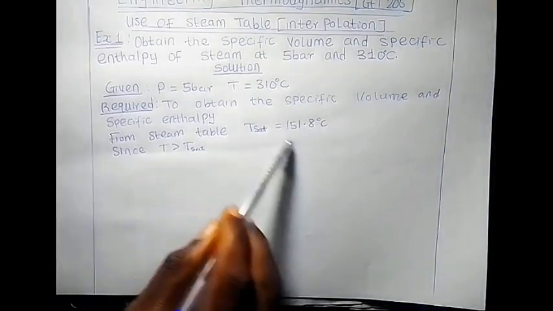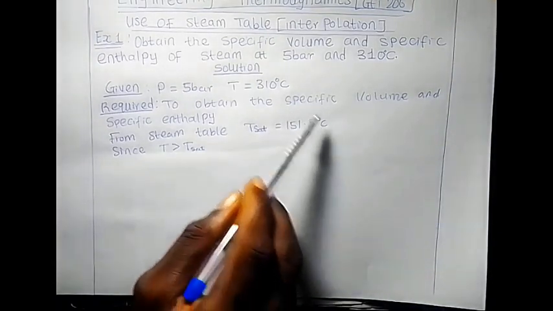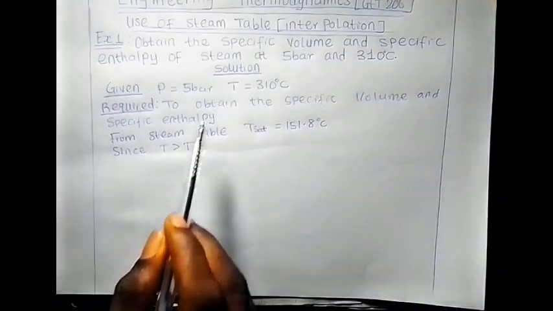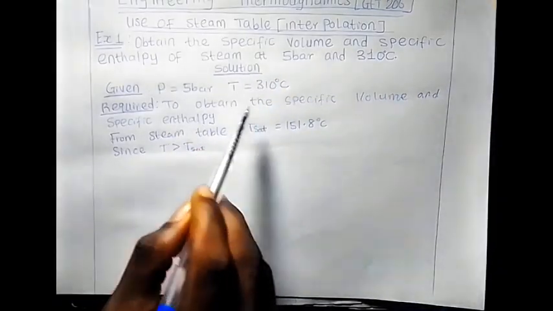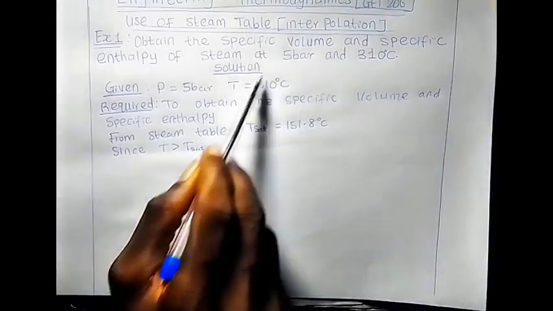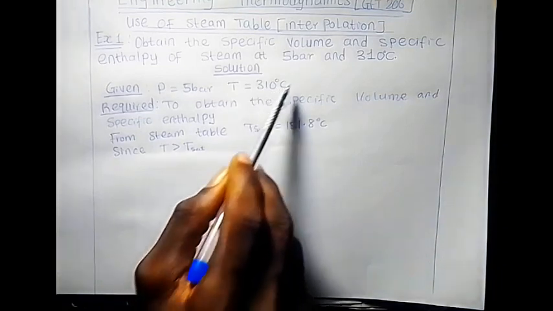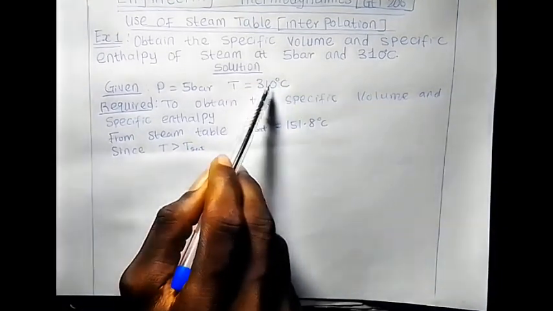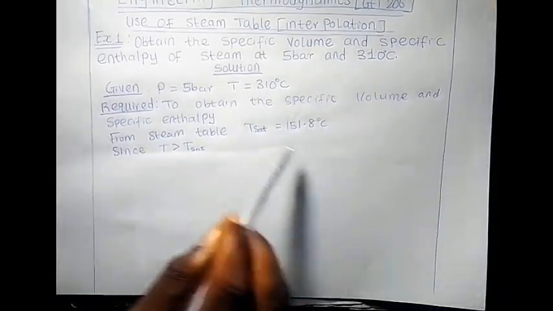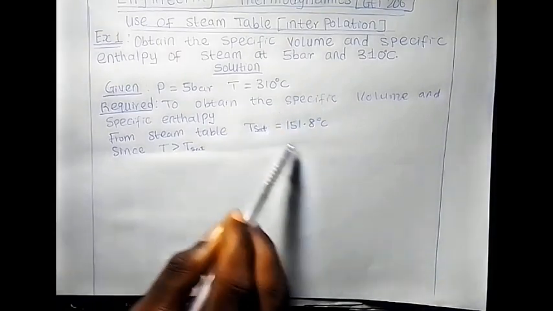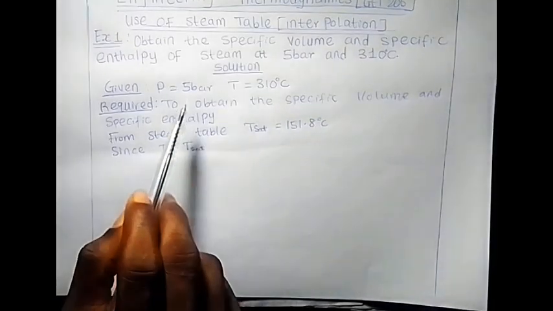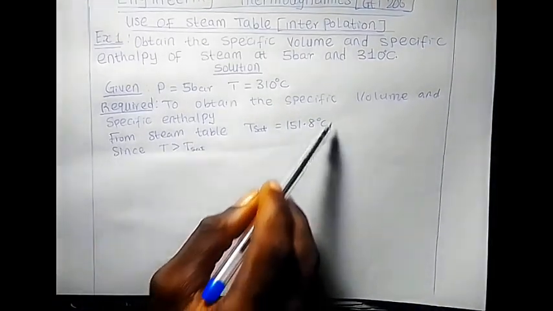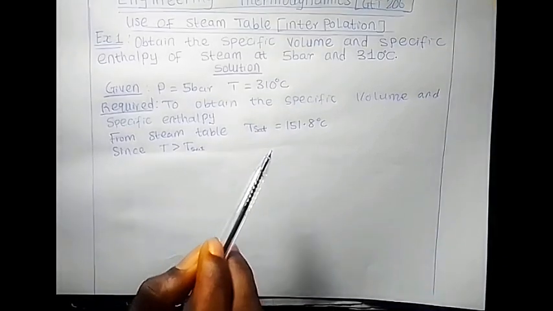It shouldn't have anything above it. So if your steam is having 310, it means that this steam having 310 is not under the unique temperature that every saturated steam should have. So this is the highest temperature that saturated steam should have.